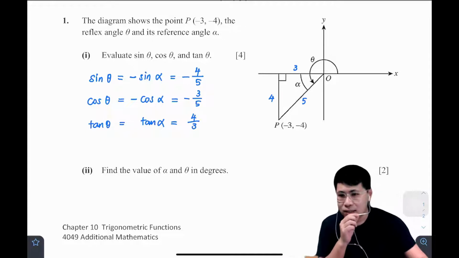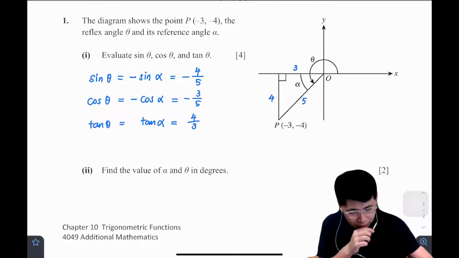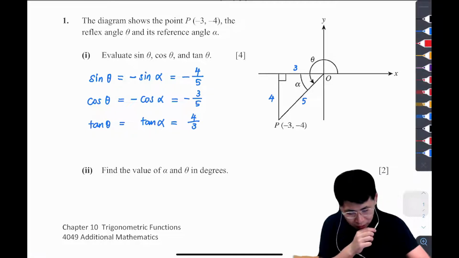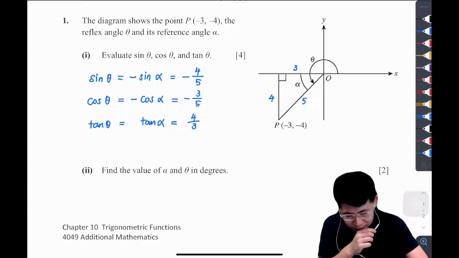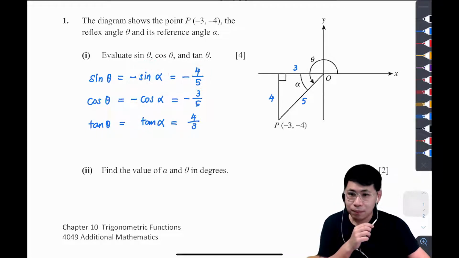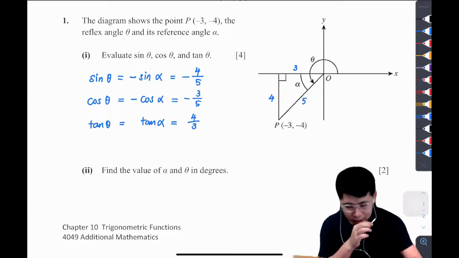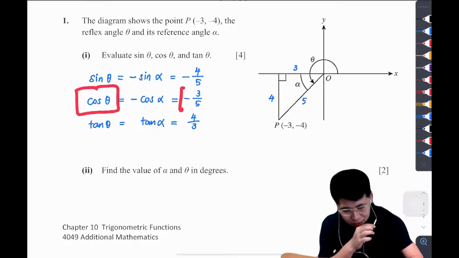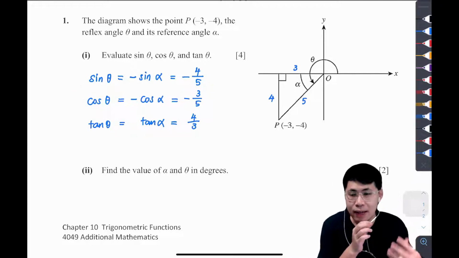Okay, so hence find the value of alpha and theta in degrees. Because whatever we're doing over here, sine of the basic angle is 4 over 5, cos of the basic angle is 3 over 5, and cos theta is equal to negative 3 over 5. So what I tend to do is, we need to look for the basic angle first.